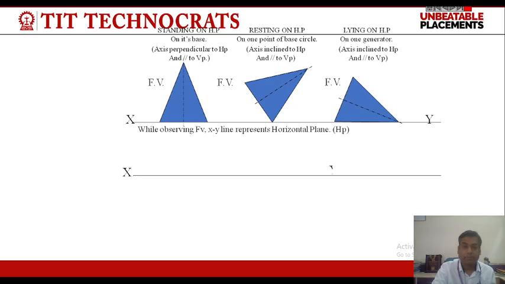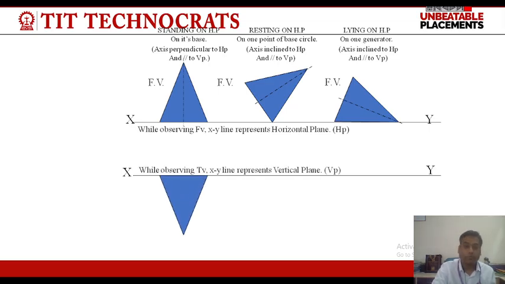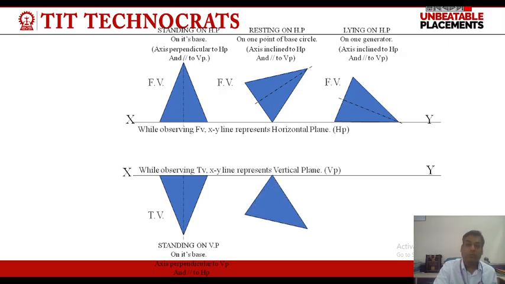Similarly, while observing the top view, if the base of the cone is parallel to the VP, then the axis is perpendicular to the VP. In the second case, the top view shows that the axis of the cone is inclined to the VP.